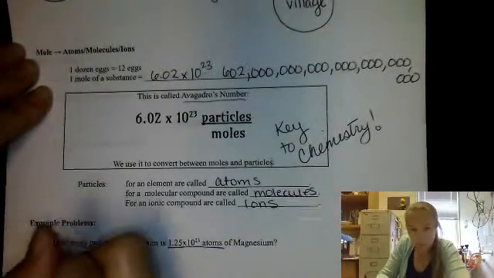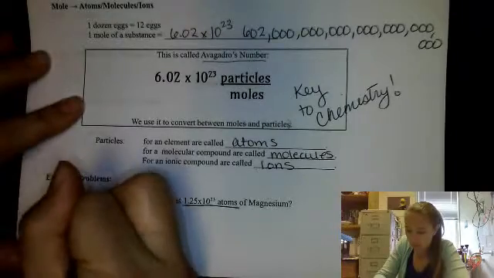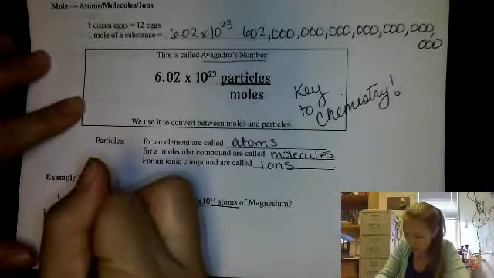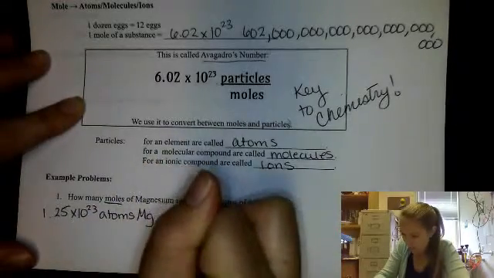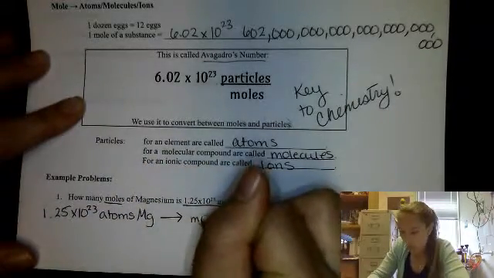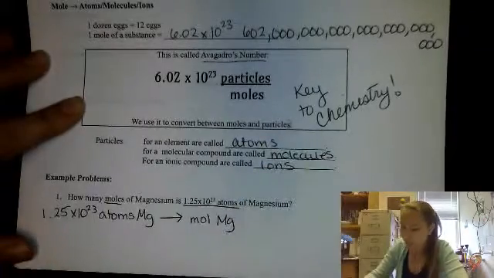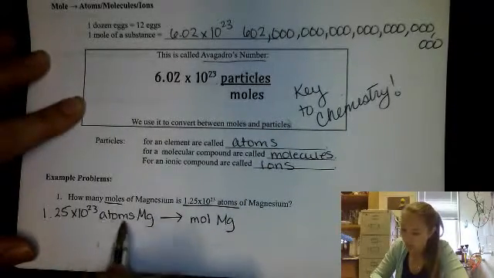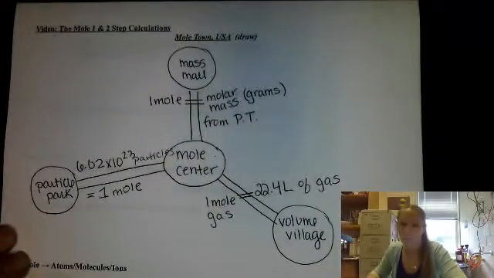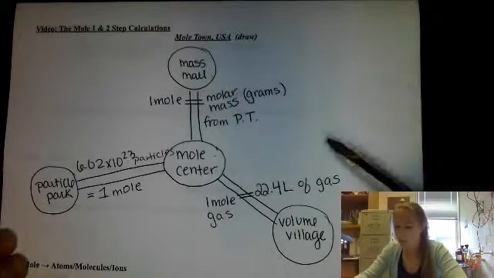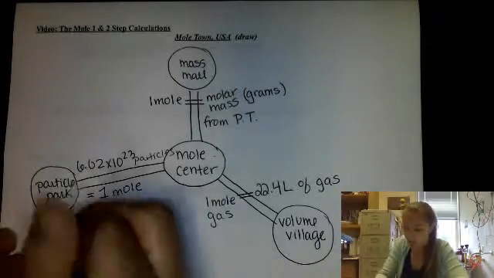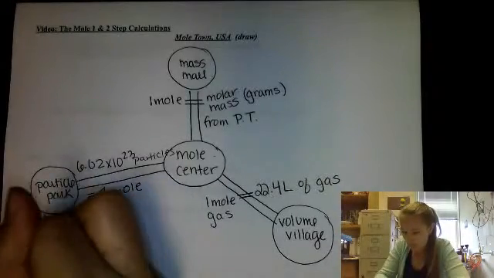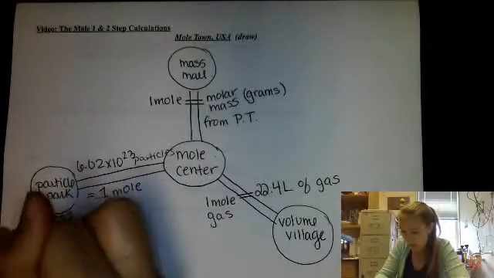We're going to list what we're given, 1.25 times 10 to the 23rd atoms of magnesium, and we want to convert to moles of magnesium. So I want to know if I can go in 1 step from atoms to moles. So I go up to my mole town sheet, and I want to go from atoms, that's my particle part, atoms, molecules, or ions.